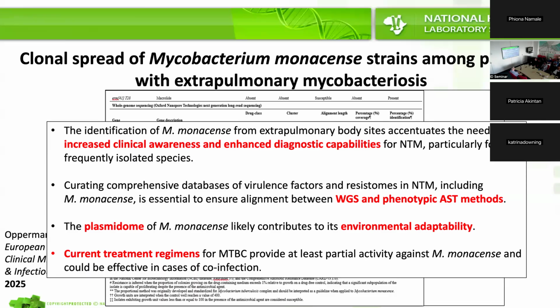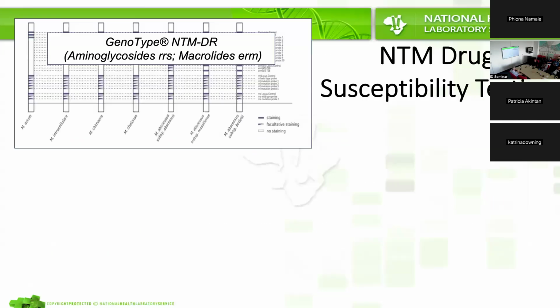And when we look at current treatments, when we were doing the susceptibility testing, you'll see that most of the drugs, at least in the RIPE regimen, will have partial coverage of this specific NTM, and most likely of other NTMs as well. So if you treat a patient with RIPE and there's a co-infection with the NTM, it looks like at least it will get some partial coverage from that.